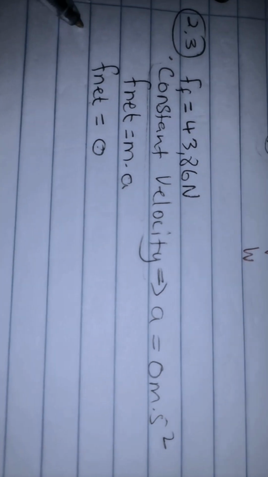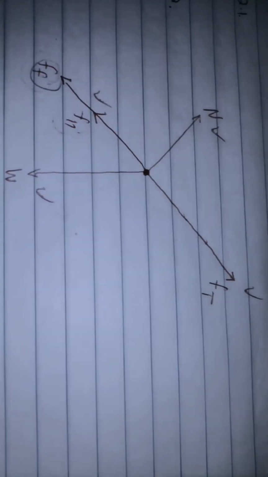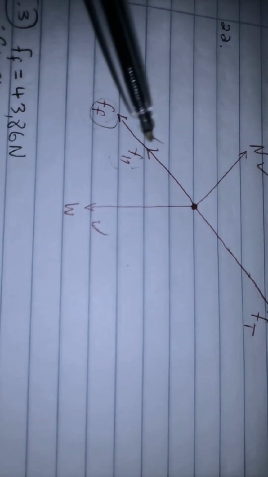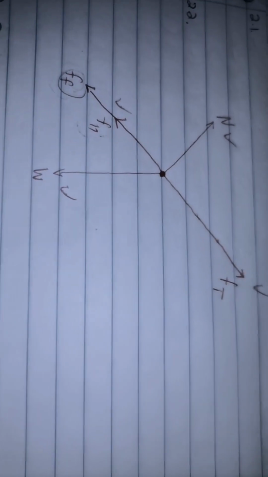Writing the F net: our block is going upward, therefore we'll choose up as positive. So tension minus frictional force minus F parallel, those are the three forces acting on the block. Here, tension minus F parallel minus frictional force is equal to 0. I hope you guys can see it.